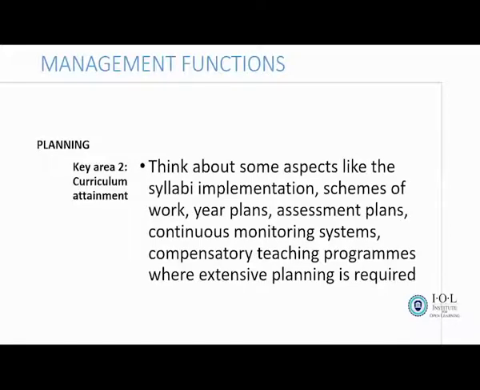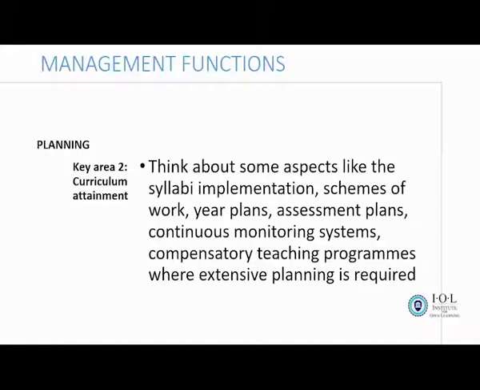Think about the continuous monitoring system. As a head of department or a management member, you have also some plan. When do you visit these teachers? When do you familiarize yourself with the progress in that department? So these are monitoring systems that are in place. Think about the compensatory teaching programs.